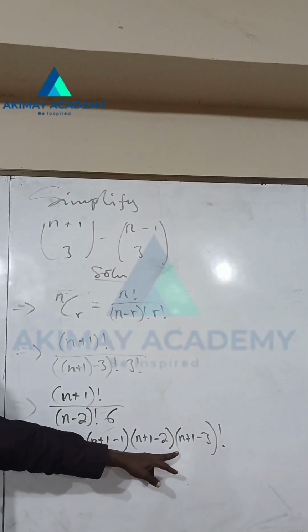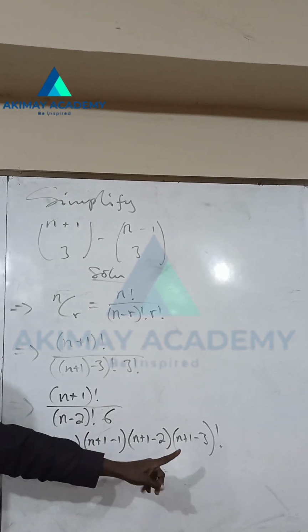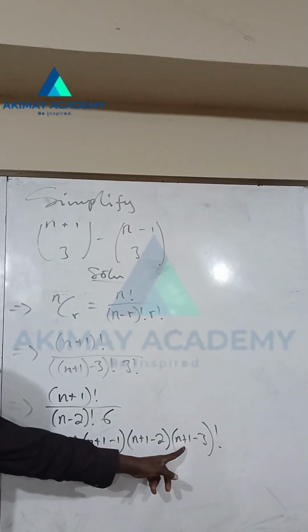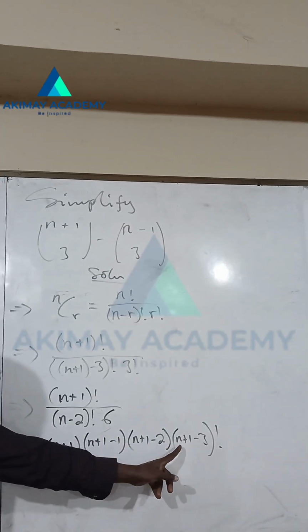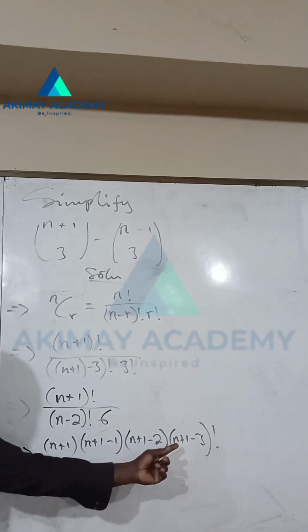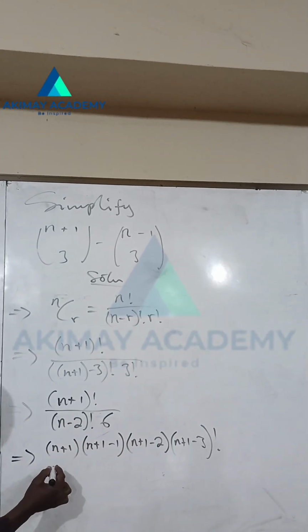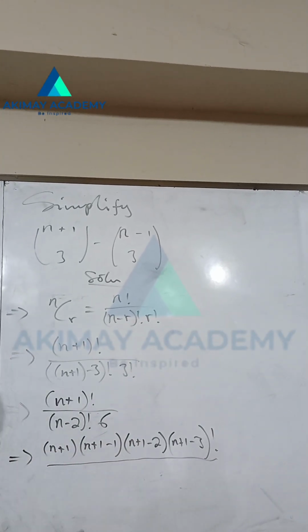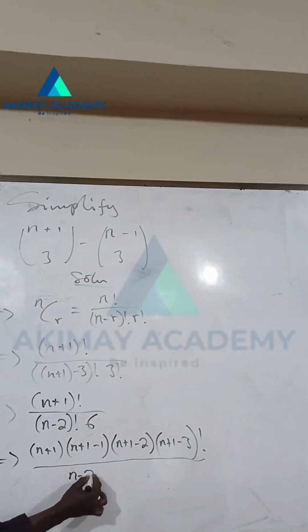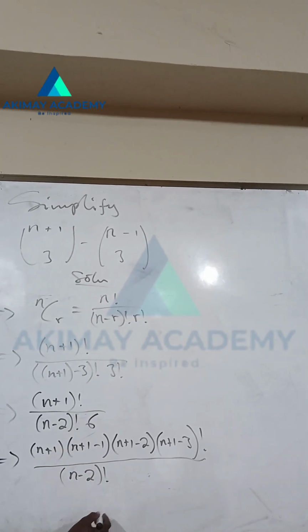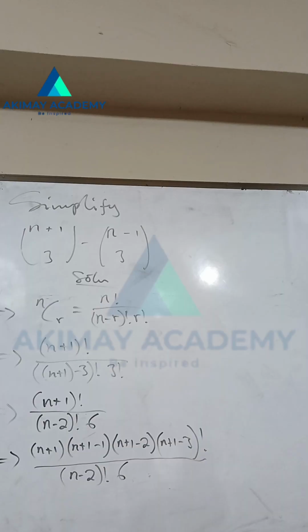You can see I've ended over here simply because if we simplify this one, we are going to get n minus 2. Okay, so that one can help us to clear the denominator. So let's divide this one by n minus 2 factorial 6.